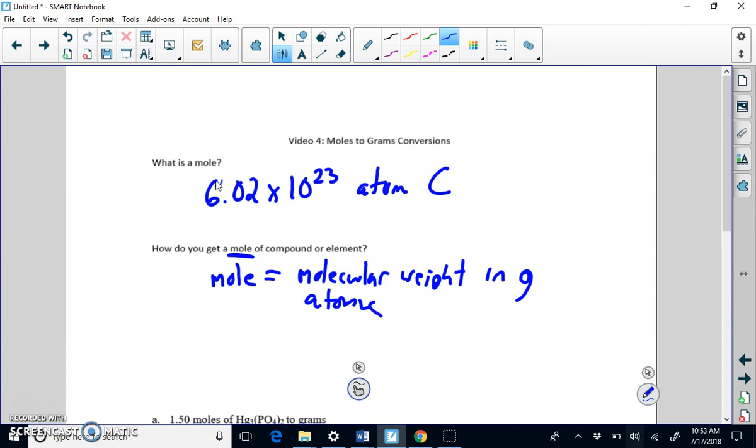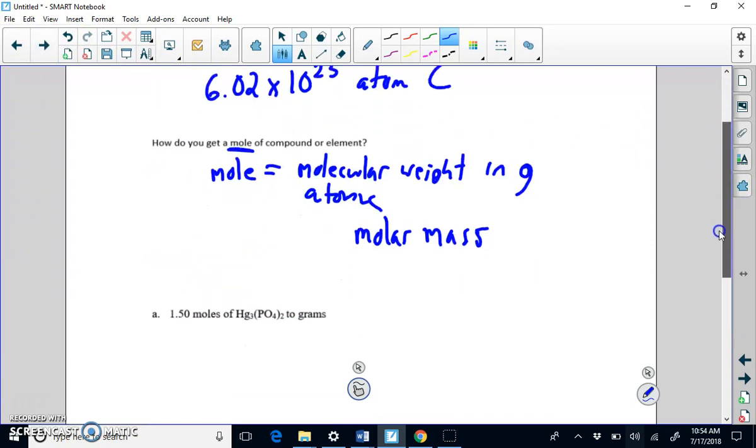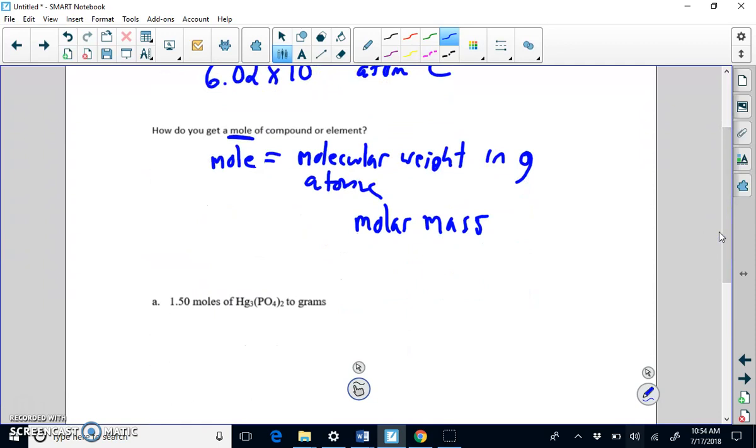And you get those masses from the periodic table. And again, this is called molar mass. When you're getting a mole of something by adding up the masses on the periodic table, this is called the molar mass. So you have to be able to convert from moles to grams and grams to moles.